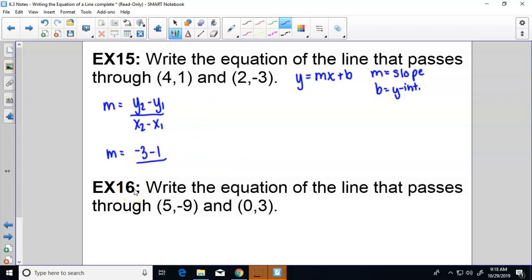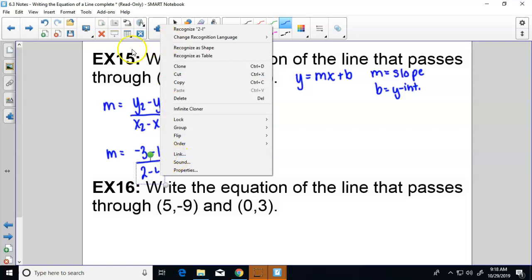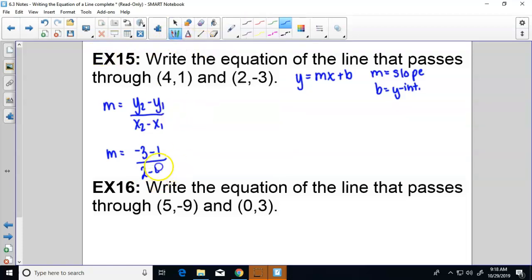Good. 2 minus 4. Perfect. You don't necessarily have to go backwards. You can do 1 minus negative 3 and 4 minus 2 if you want. You'll get the same answer. Your signs will be different in your middle step, but you'll get the same answer in the end.